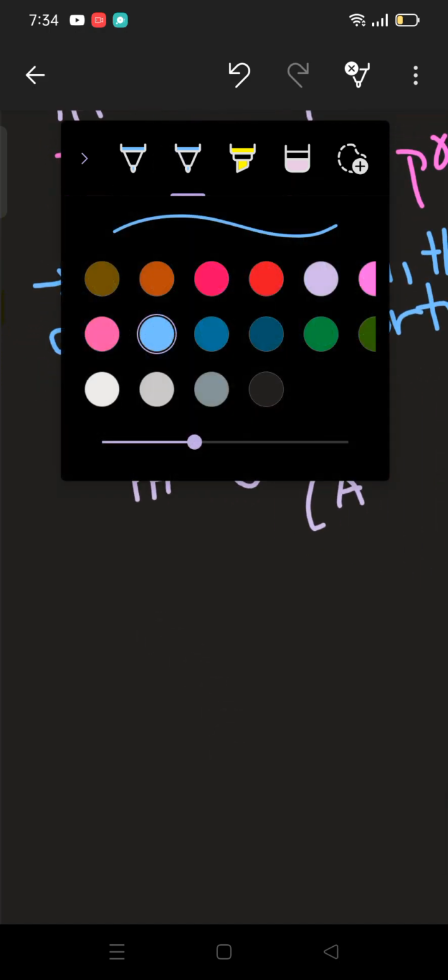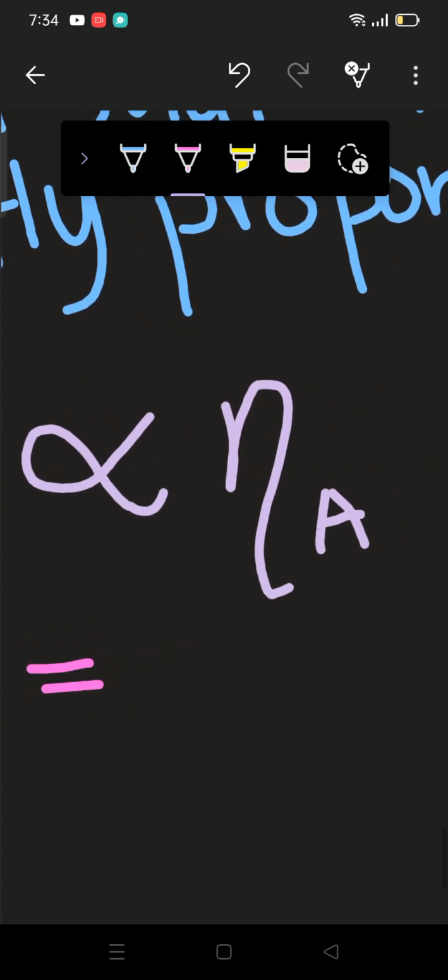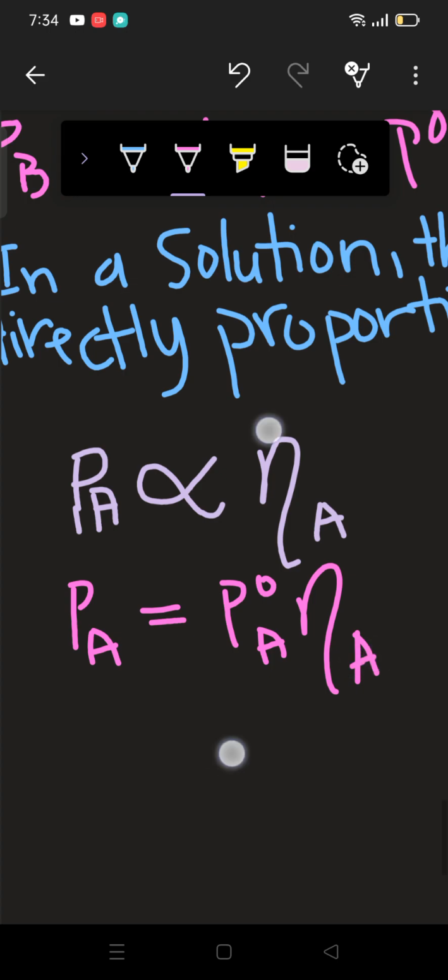Now if I remove this proportionality sign, what I will get is PA is equal to P naught of A times NA, which is the mole fraction of A, right?